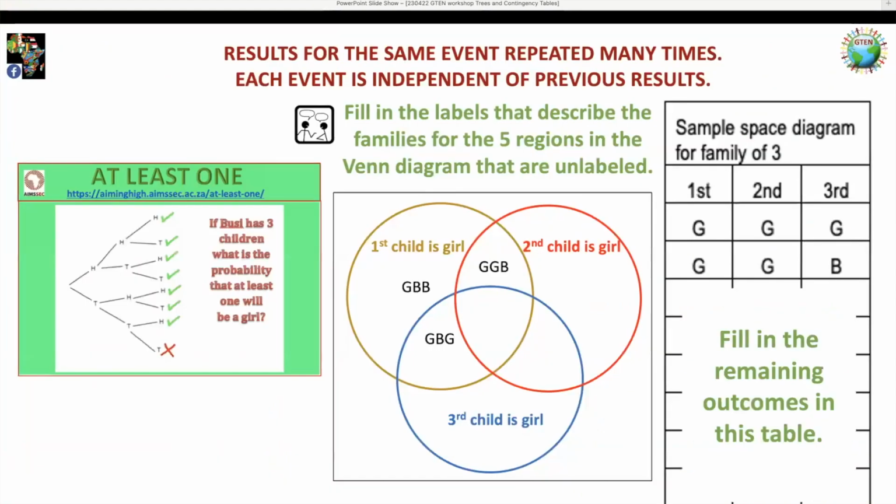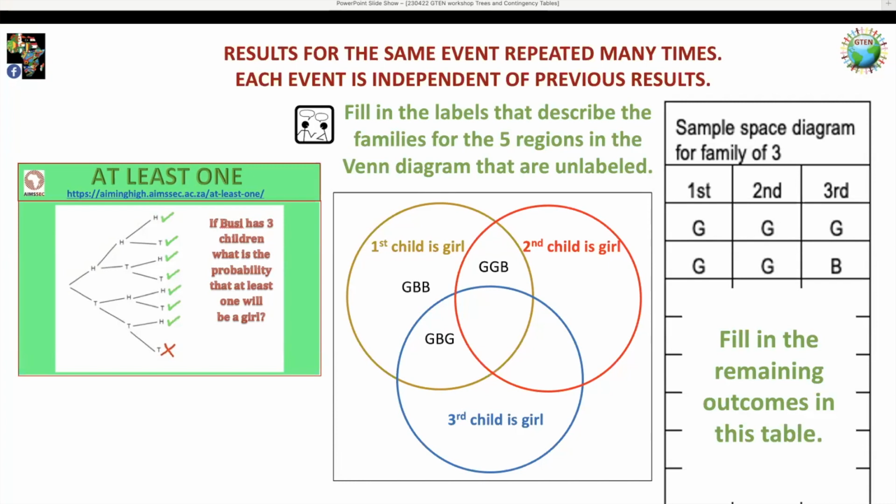So look at these 3 diagrams here. You've seen the tree diagram, and what we've said is the tree diagram for heads and tails is just like the tree diagram for boys and girls in a family. And there's an issue here with language. This title, at least one, we must make sure when we're discussing it that everybody understands what that means.